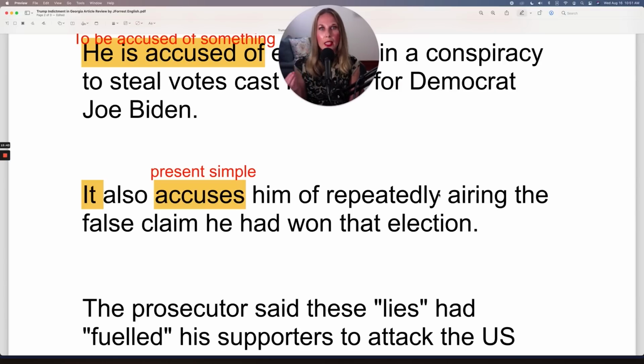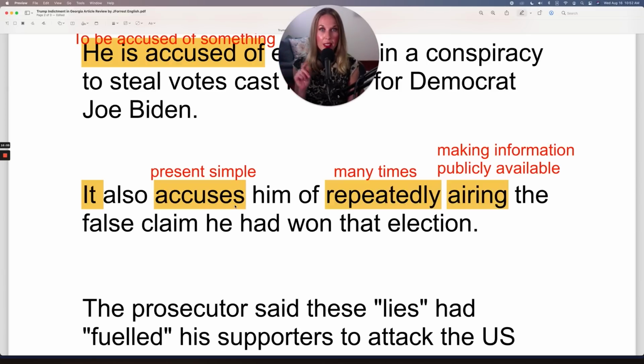It's not clear, but it sounds to me like it's multiple times, more than 2 times. Maybe 3 to 5, maybe 20. We don't know, but because of repeatedly, it sounds like it has happened again and again and again. It also accuses him of repeatedly airing the false claim he had won that election.